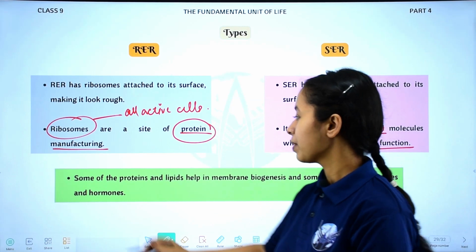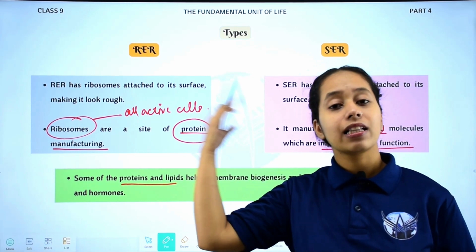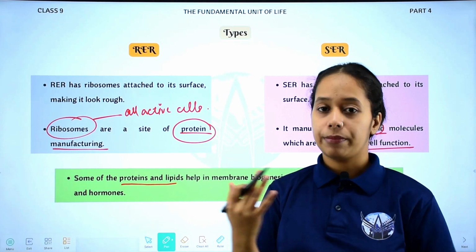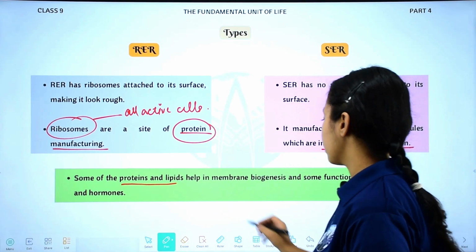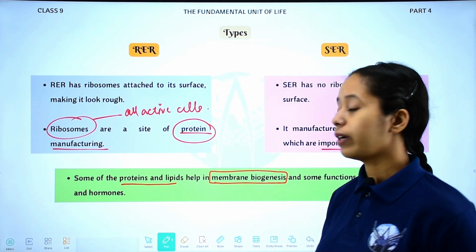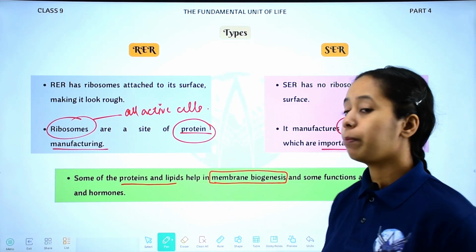The process of making the cell membrane is known as membrane biogenesis. That is why it is written here that some of the proteins and lipids help in membrane biogenesis.